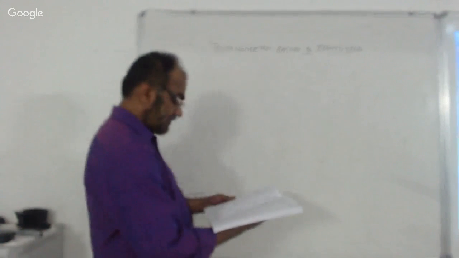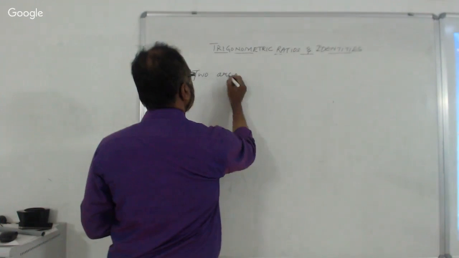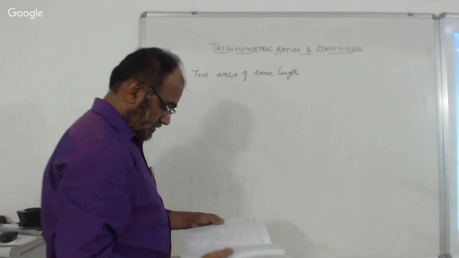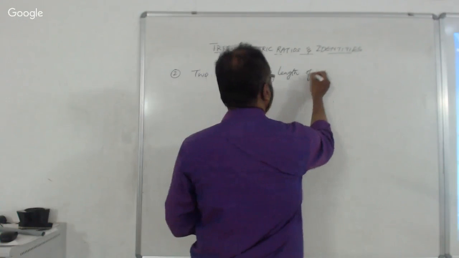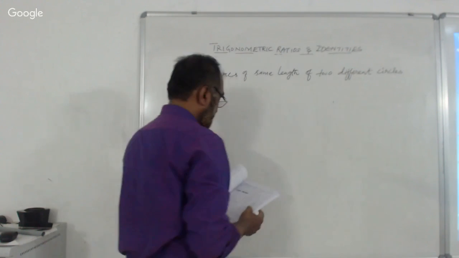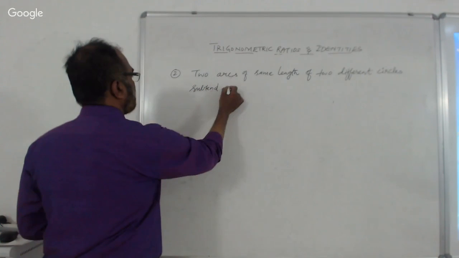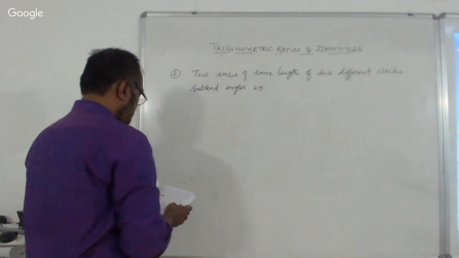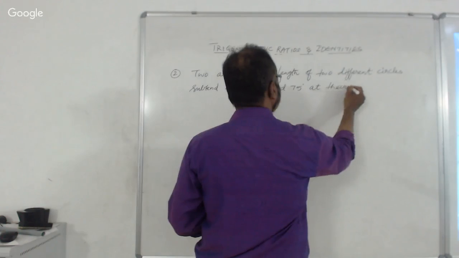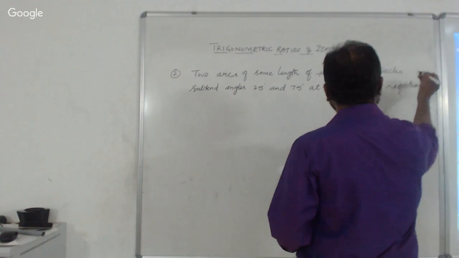Two arcs of the same length of two different circles subtend angles 25 degrees and 75 degrees at their centers respectively.